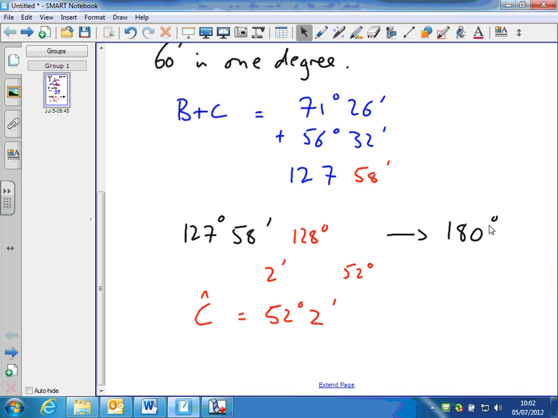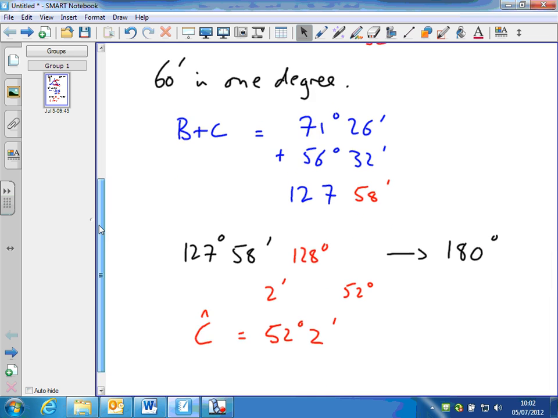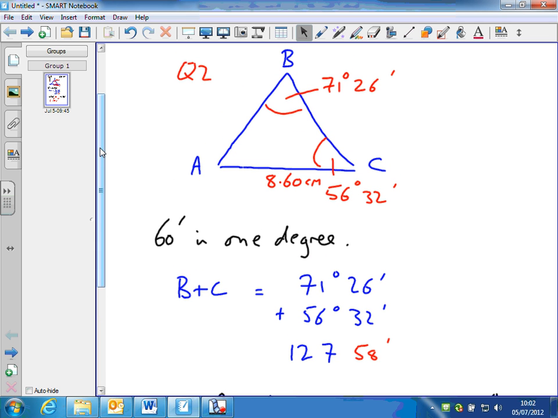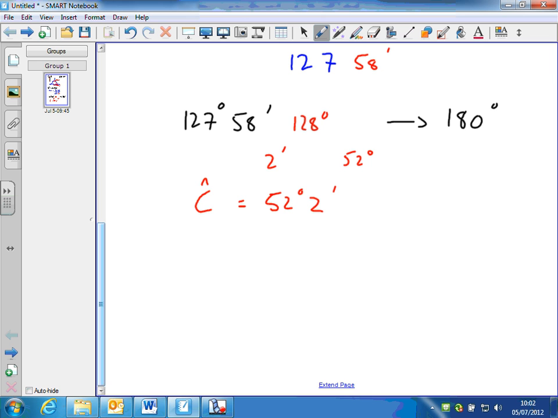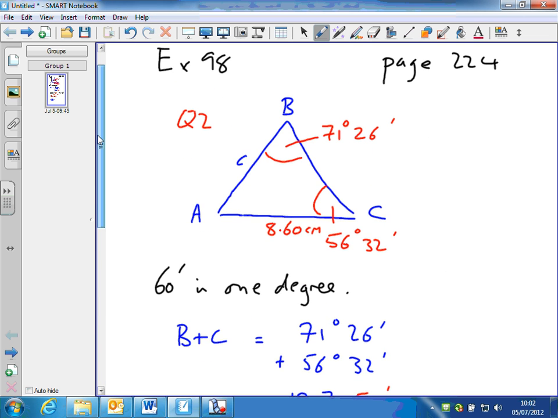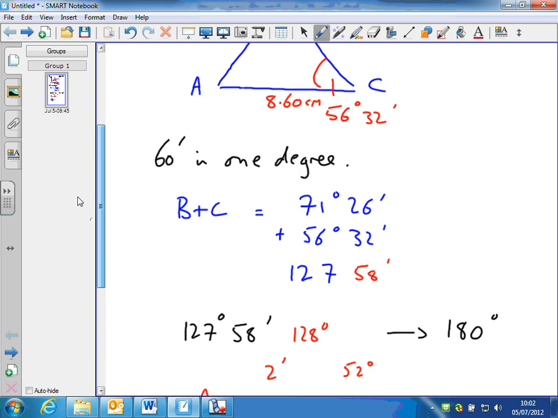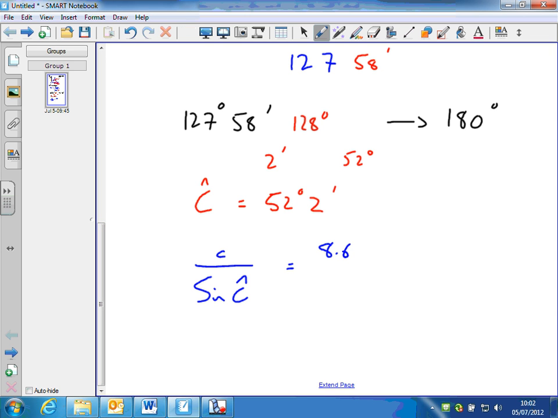Okay, so now we know all the angles, we can go ahead and try to find the side. So let's find side AB, or little c, using the sine rule. So we want side c, so I'm going to write the ratio of side c to the sine of the angle opposite that, equals the ratio that we know, which is side b over the sine of angle B. So side b is 8.60 centimeters over the sine of angle B, and that would allow us to find c.